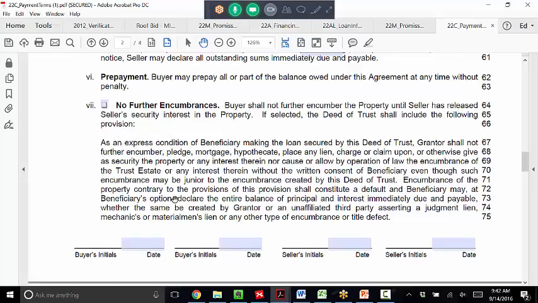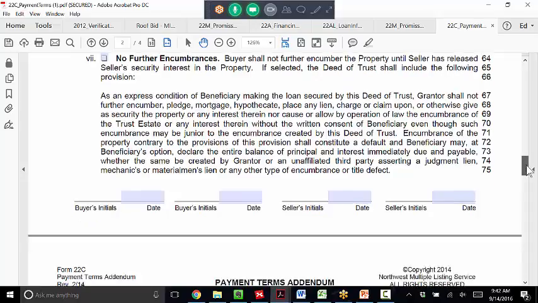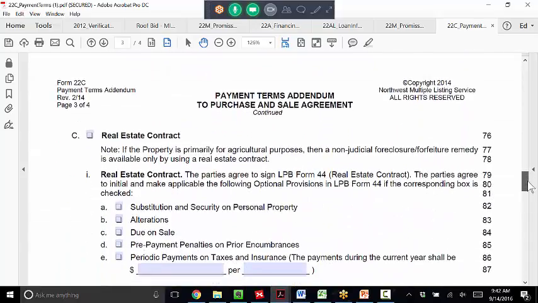So I can accelerate the note if she breaches this portion of the agreement. Does that make sense? Because she's agreeing to not further encumber it, but that doesn't necessarily prevent her 18 months from now, without my knowledge, walking into a credit union, right? But if I find out about it, I can accelerate everything. So that's my hammer.